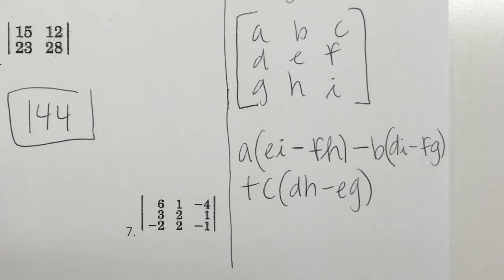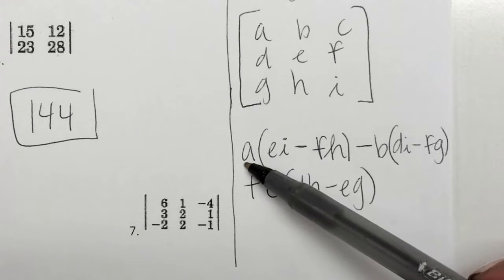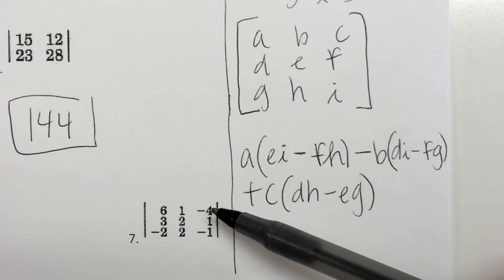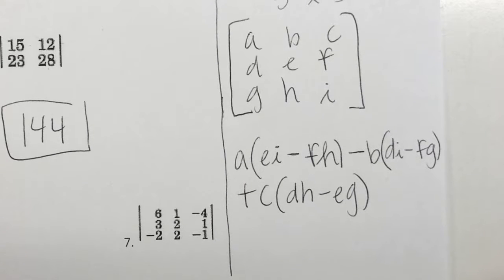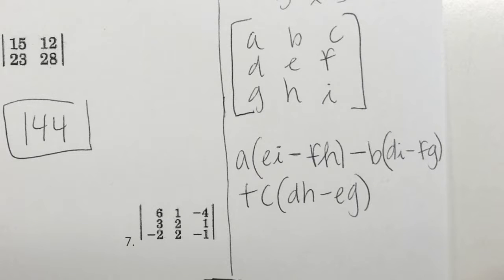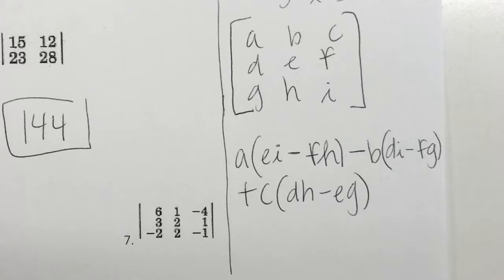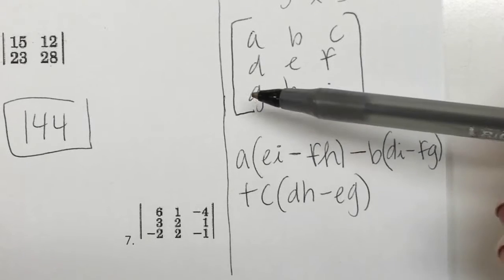Alright, we know what columns and rows are, right? So look at A. Tell me the column, or let's start with row. Tell me all the letters that are in the same row with A. A, B, C, good, same row. Tell me all the letters in the same column as A. Yes.